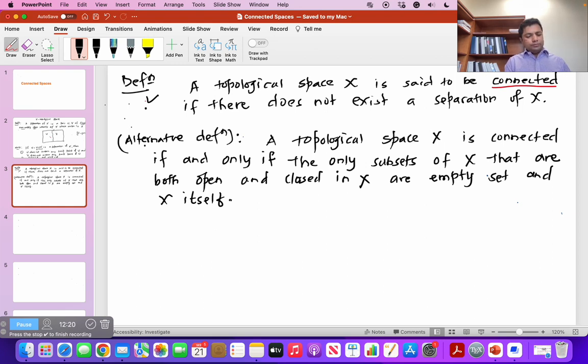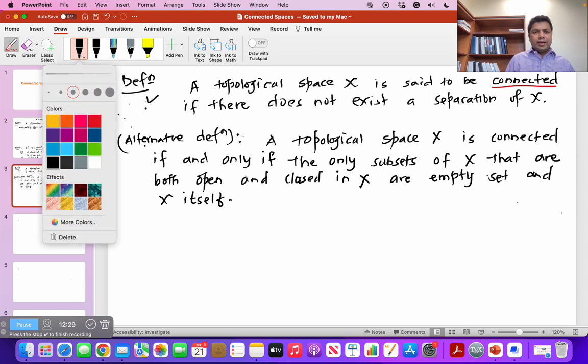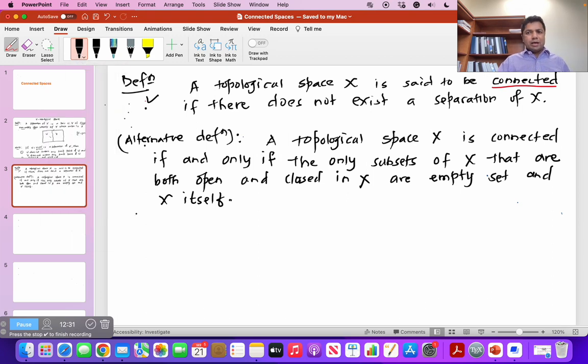Okay, now let me give you a couple of examples of a separation of a topological space and also examples of connected spaces. Example number 1. Let's begin with an example of a separation of a topological space.